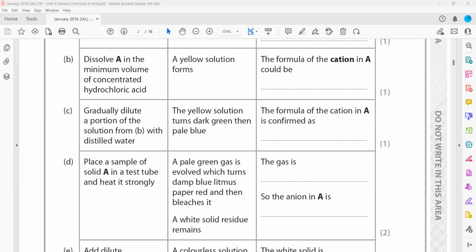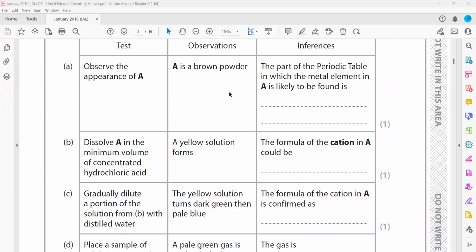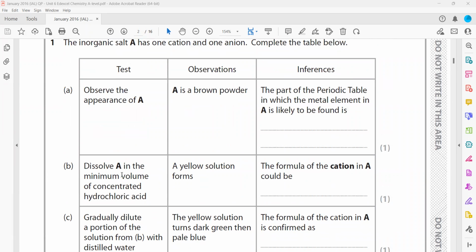Copper can also dissolve in hydrochloric acid, and iron can also dissolve. When we dissolve A in a minimum volume of concentrated hydrochloric acid, this is related to memorization. You have to identify what the color will be if we add hydrochloric acid to an ion.